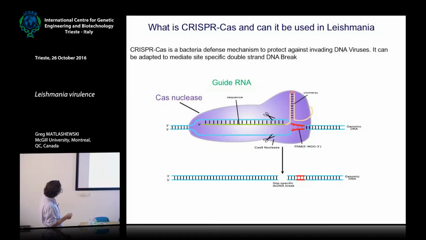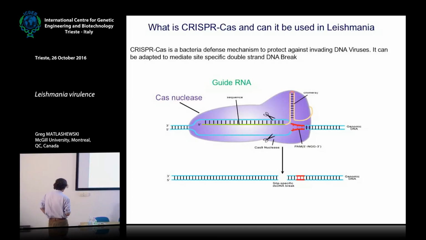So these bacterial genomes have guide RNA which are specific to invading viruses. When a virus enters the bacteria, the guide RNA identifies that viral DNA, binds to it, and directs the enzyme Cas to cut it. So when the phage infects the bacteria, it cuts the phage DNA and protects it. This is a protection mechanism that bacteria have.